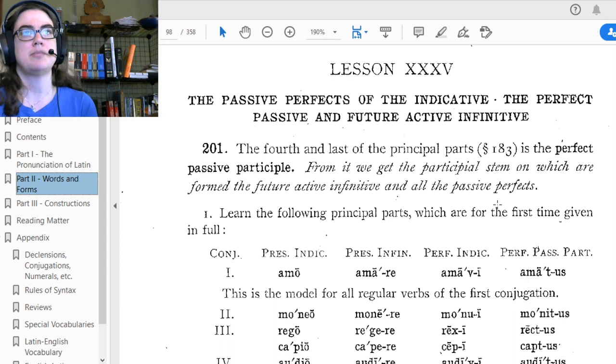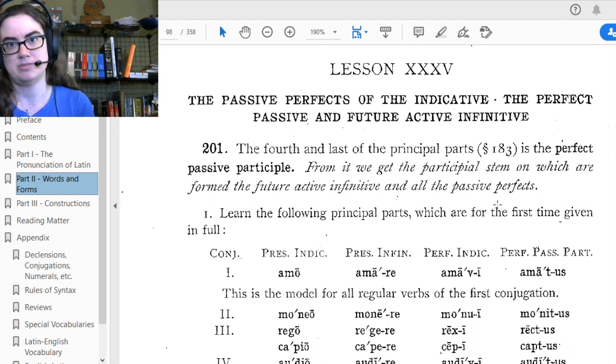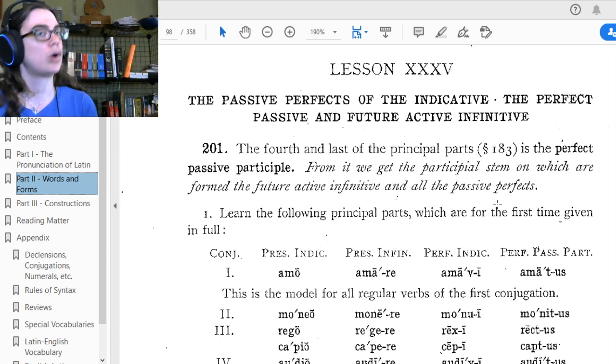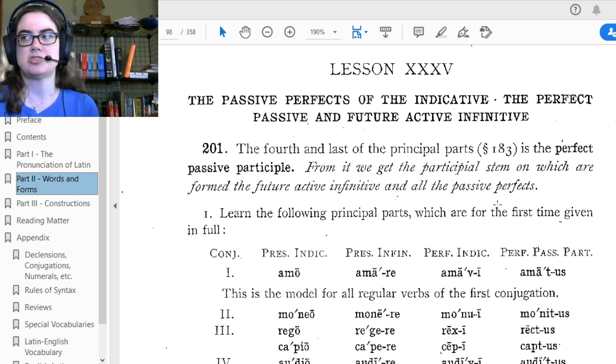Because then your brain might want to do that with the present. And we don't want you doing that. Right? If you have to say Caesar is being stabbed, and you're talking about the assassination, that is all in one word. You don't need to put est. You just put the one word.